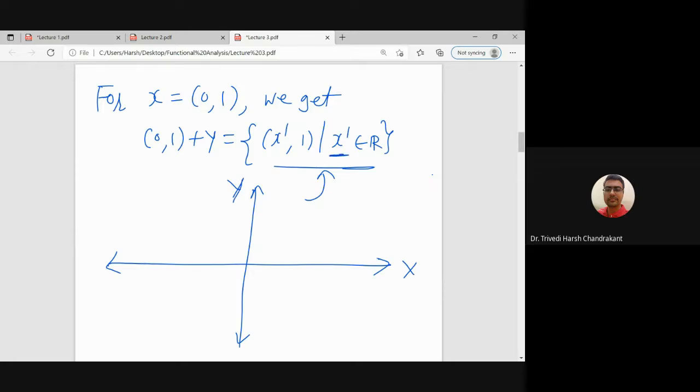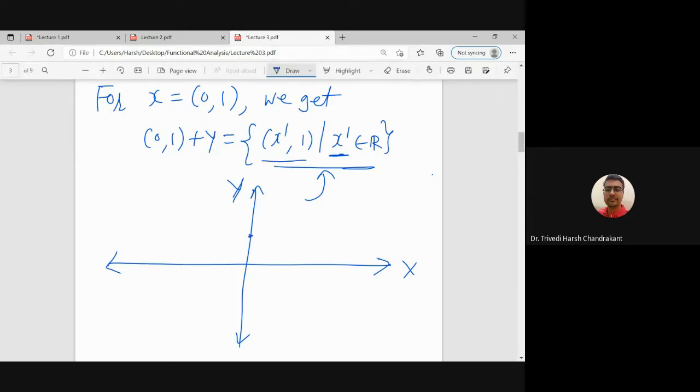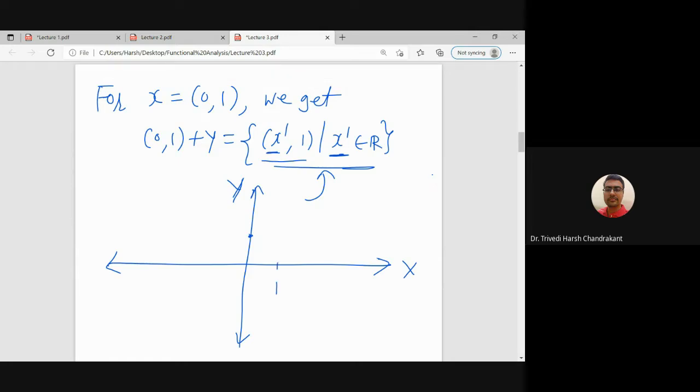For example, if x dash is 0, then we get (0, 1), that is here. If we take x dash as 1, then (1, 1), that is this point, right? If we take x dash as -1, we get this point, and in fact we are taking all points x dash, that means it is a line.